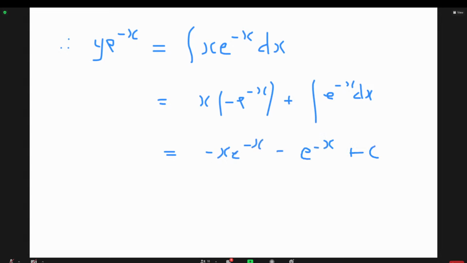Okay. All right. Okay. And therefore, y is equal to this; e to the minus x has to go on the other side. All right. So we have to divide everything on the right-hand side by e to the minus x, sorry.